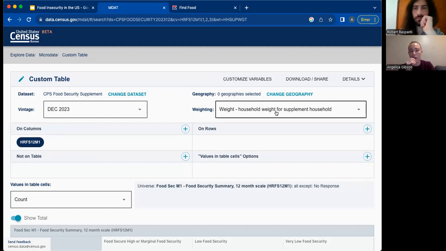The way that hunger is reported by the USDA's measure is by household rather than individuals. And so instead of 12% of Americans are food insecure, the way that they'll talk about it is they'll say 12% of households in the US are food insecure.